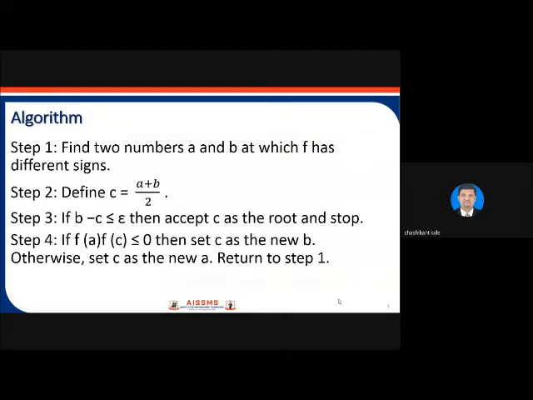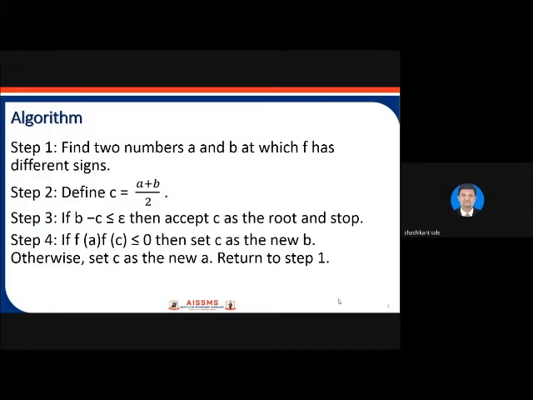by considering that our roots lie in between a and b. In step number 2, c equals a plus b divided by 2. If b minus c is less than or equal to the minimum error, which is epsilon, then we stop there and consider c as the root, the solution of the equation.